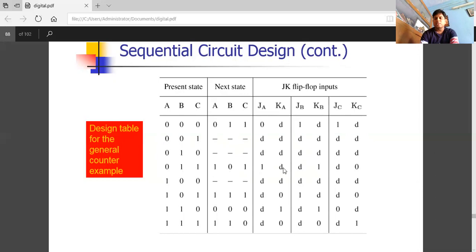What is the excitation table? For 1 to 0 it is don't care 1, and for 1 to 1 it is don't care 0.